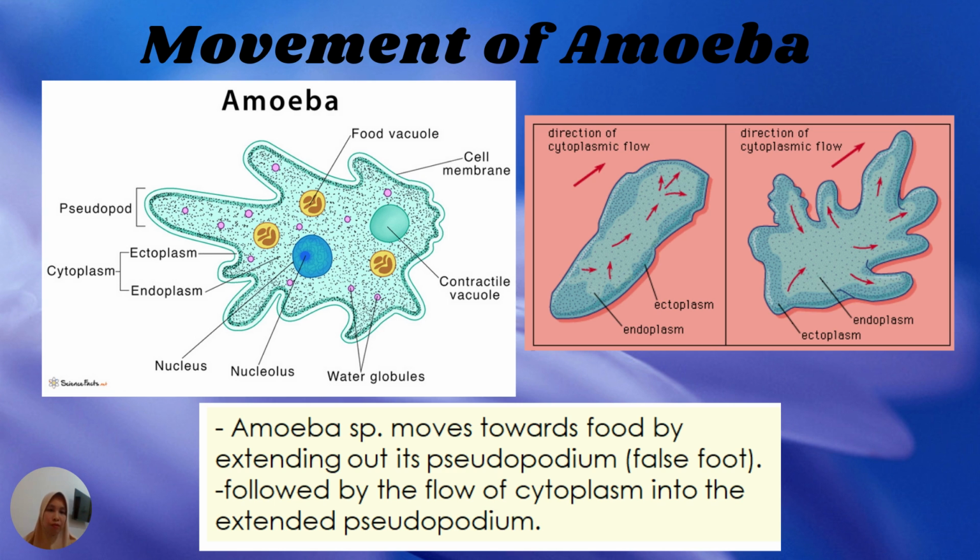Amoeba species move towards food by extending out its pseudopodium. Pseudopodium also refers to the false foot, followed by the flow of cytoplasm into the extended pseudopodium. You can see the diagram on the right side there.